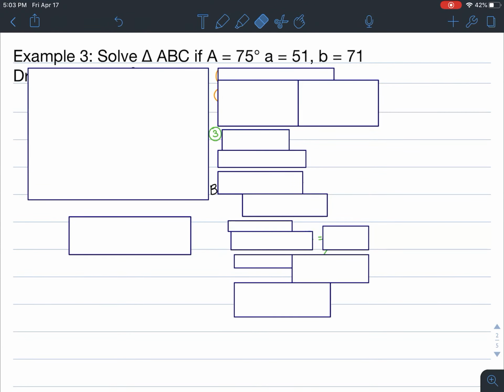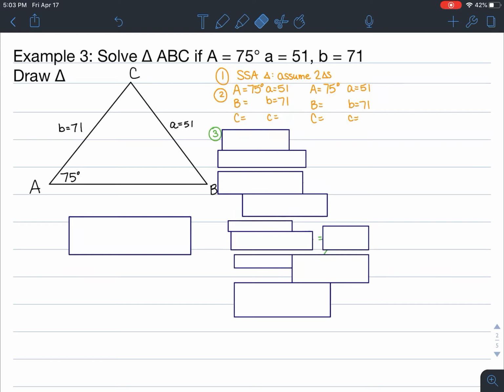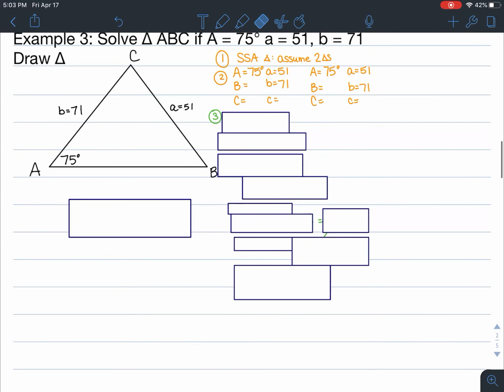Okay, next one. Example 3. So here's our given information. We're going to draw the triangle first, of course. We're going to determine what type of triangle it is. You're always going to assume that there are 2 triangles. Don't assume anything else. Okay?